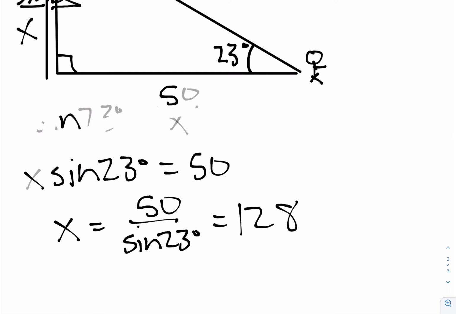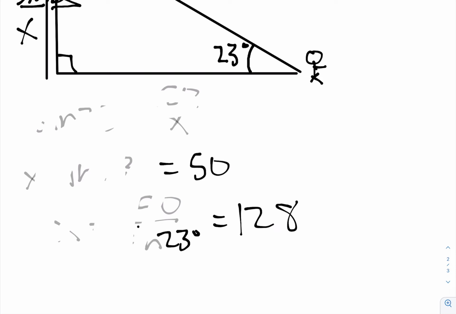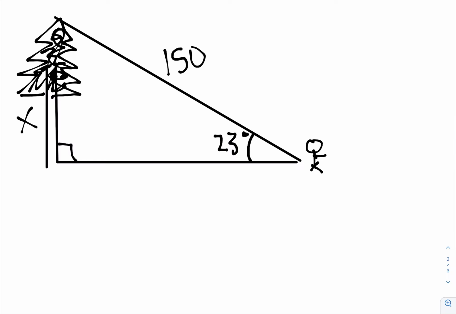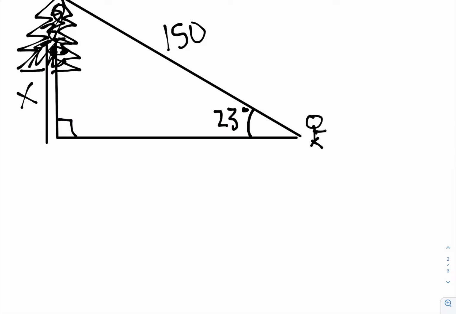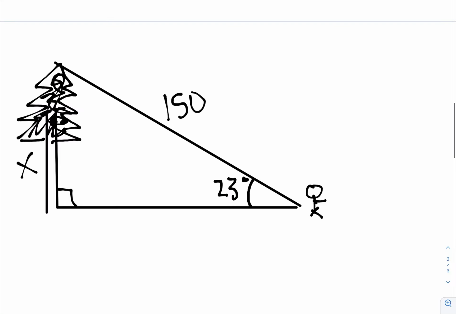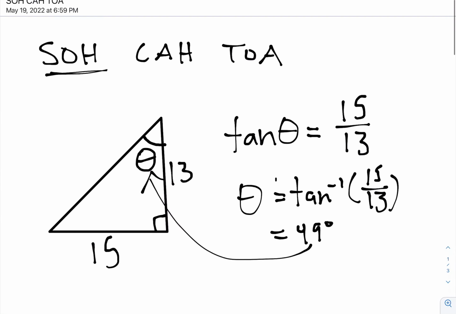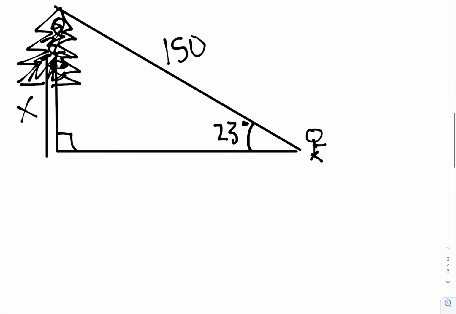Okay, let's figure that out. So the rope length, when it's 23 degrees above the ground, what's the height of the tree if it's 150 meters in rope length? Well, we're dealing with opposite now and hypotenuse. So we're still going to be using sine because it's still opposite and hypotenuse, except we're going to solve it a bit different now.